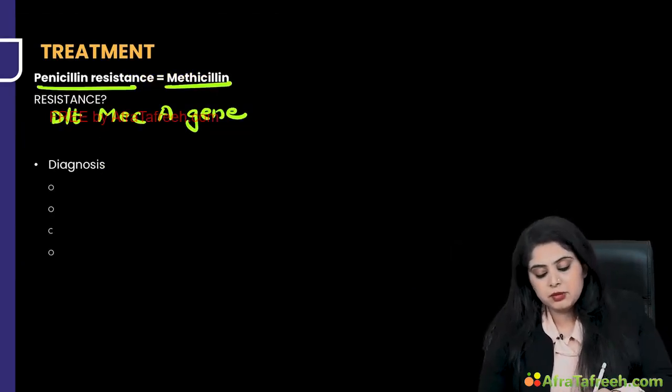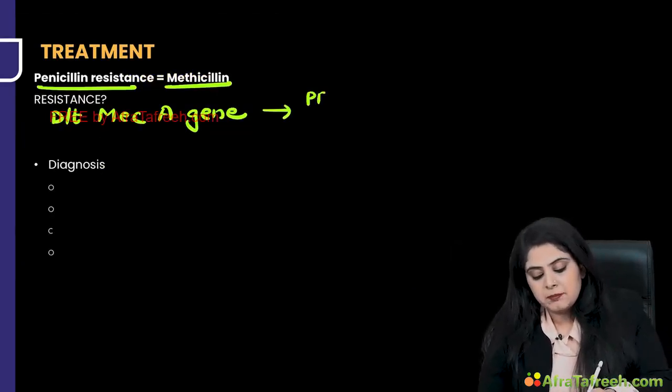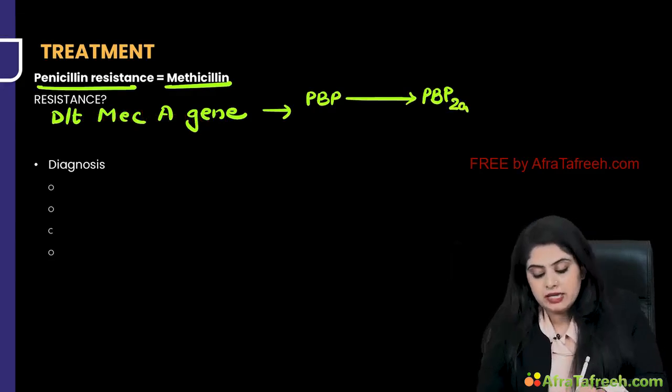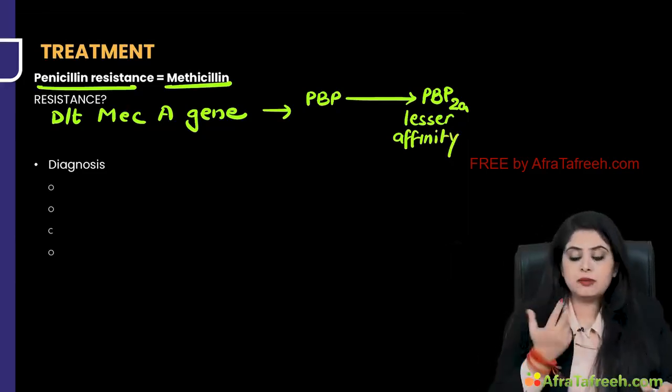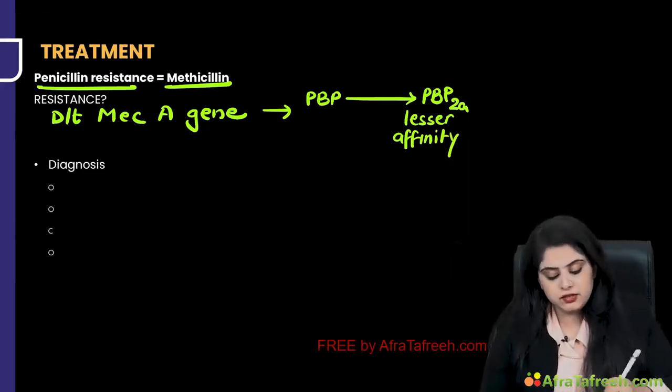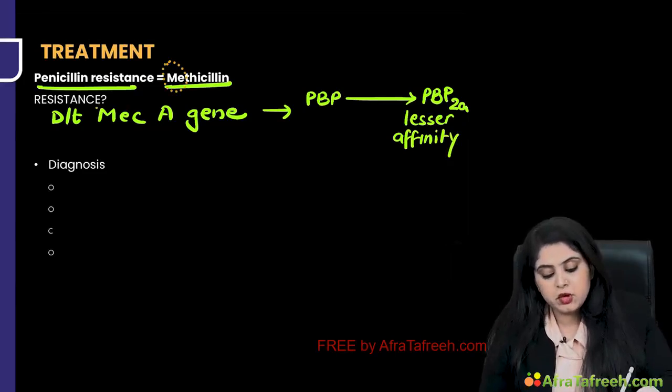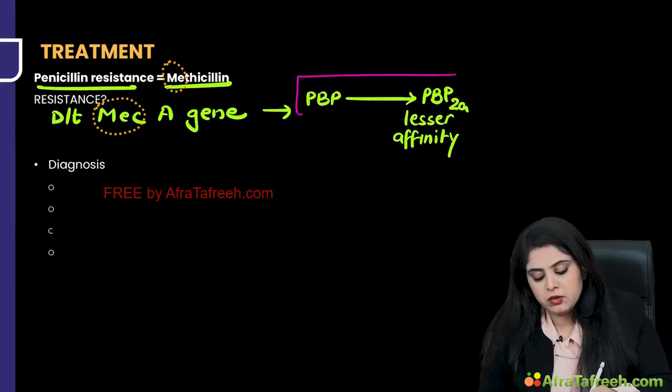But what happens is, because of this mecA gene, the penicillin binding protein is going to change to penicillin binding protein 2A, PBP2A, and this has a lesser affinity. This will not let the antibiotic come and bind to it. So now you will say, how does my methicillin act? Simple. So methicillin resistance is because of the mecA gene, and what happens in it? PBP is basically going to convert into PBP2A.